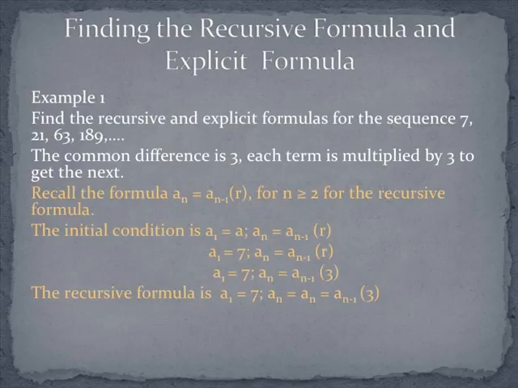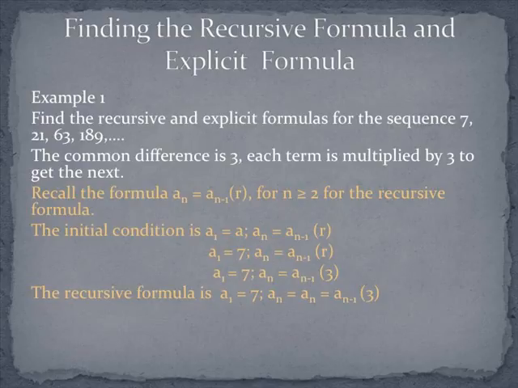The initial condition is a sub 1 equals a, and a sub n equals a sub n minus 1 times r. Then a sub 1 equals 7, and a sub n equals a sub n minus 1 times 3.